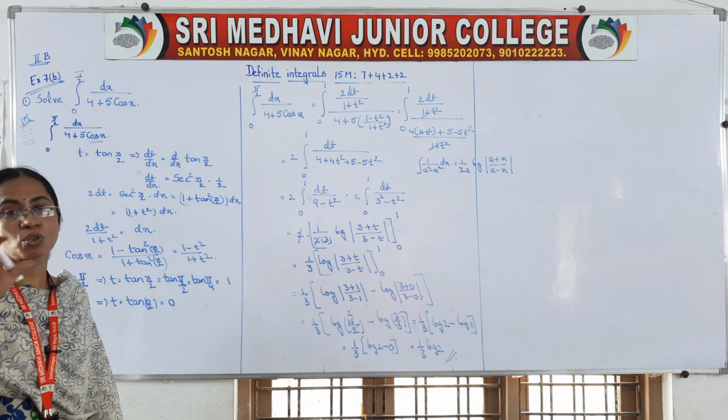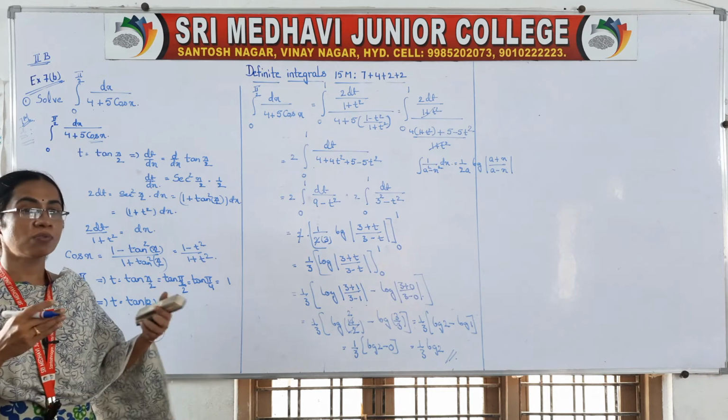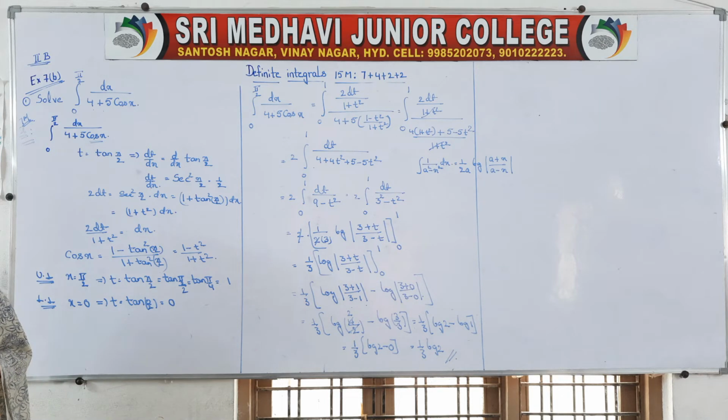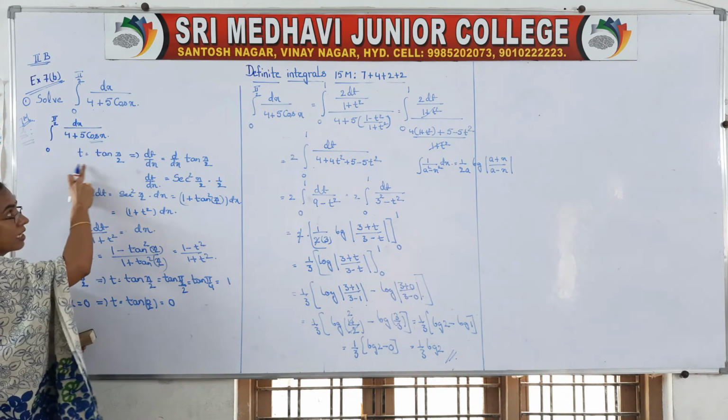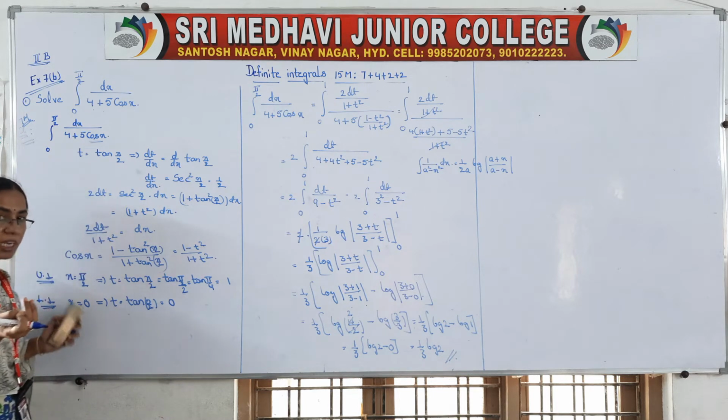In integrals, totally we have 5 methods to solve the problems, isn't it? In one method I said, if the downward value contains cos x or sin x or both, then you take t is equal to tan x by 2. That means we are doing the substitution method.